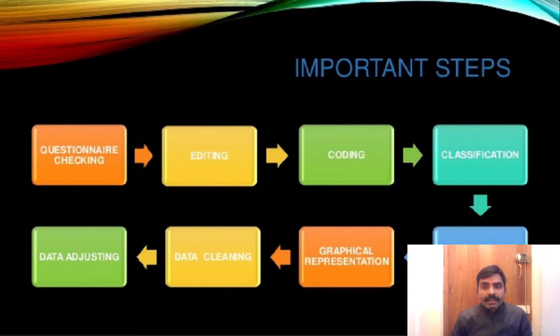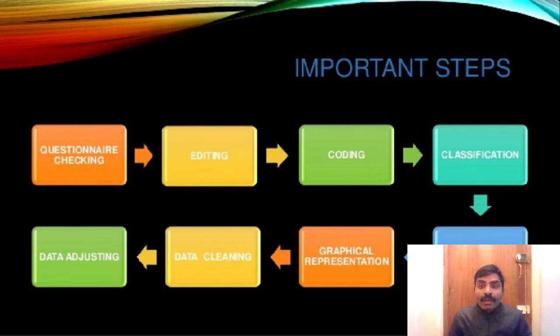In that, the major steps involved in data analysis is through questionnaire. The data which we collect through questionnaire from the respondents requires a lot of checking, editing, that we call editing. After the data is edited, coding needs to be done.